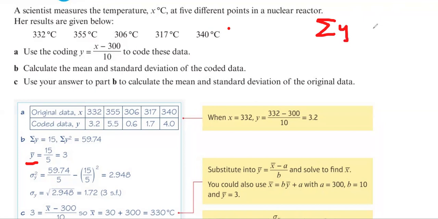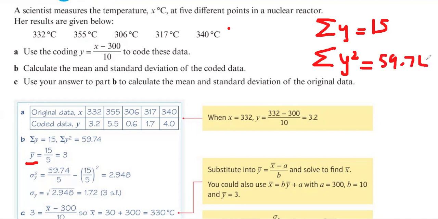Sigma y and sigma y square are given. Sigma y equals 15. Sigma y square equals 59.74. Total number of data equals 5.